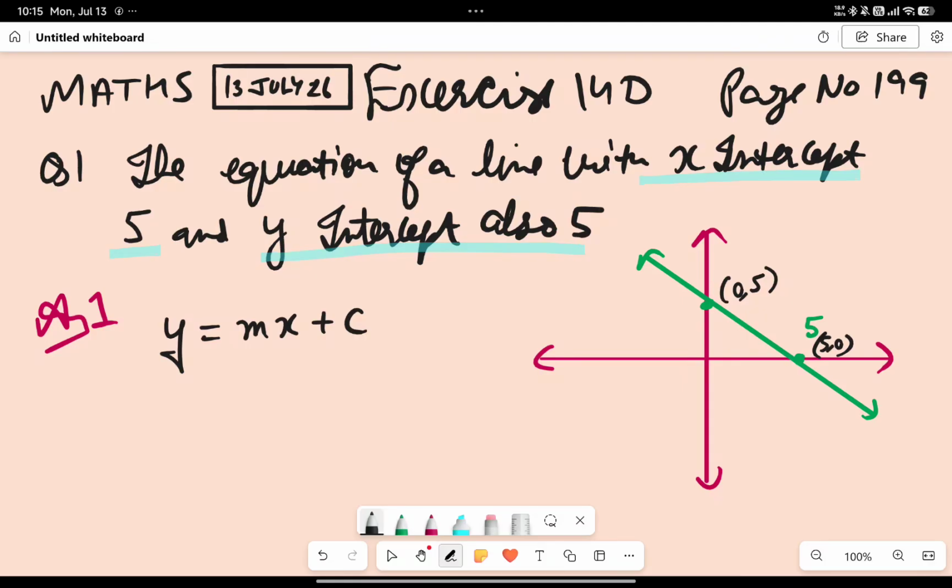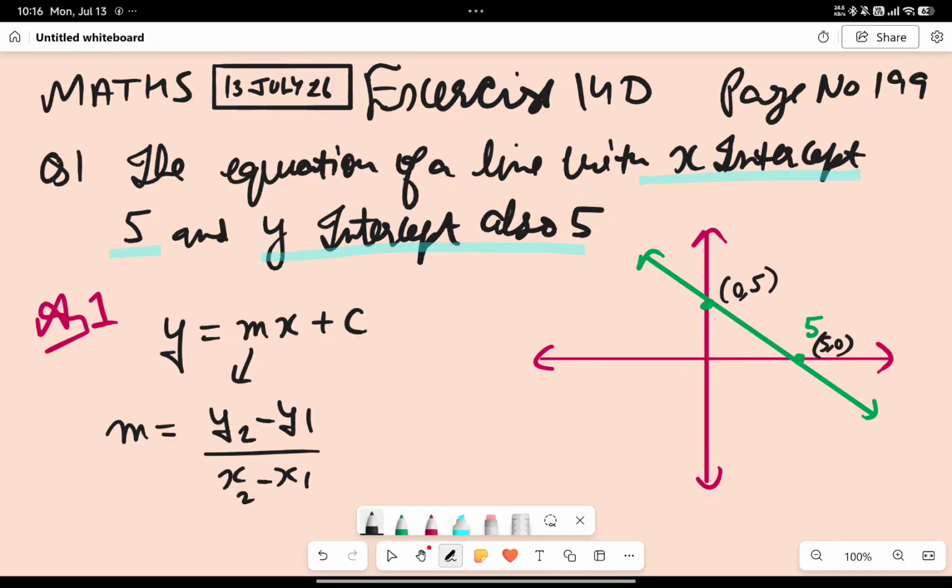Now to find this, either you find m first. What is the formula of m? m is y2 minus y1 over x2 minus x1.